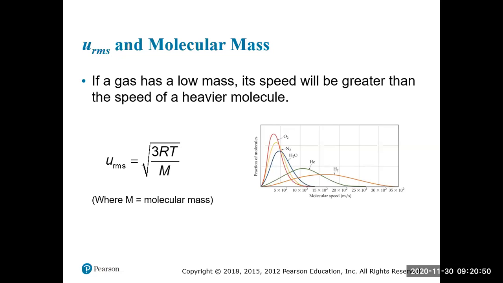And oxygen, which has a molar mass of 32, is the heaviest of these molecules, and so it has the slowest speed. In general, what this formula is telling us is that if the gas has a lower mass, its speed is greater than that of a heavier molecule.